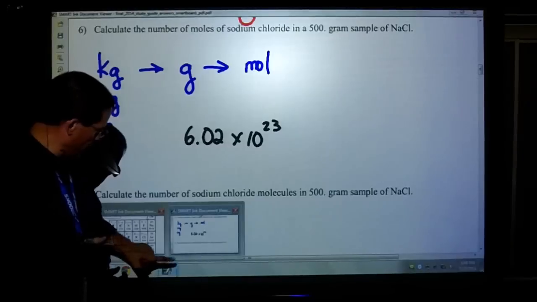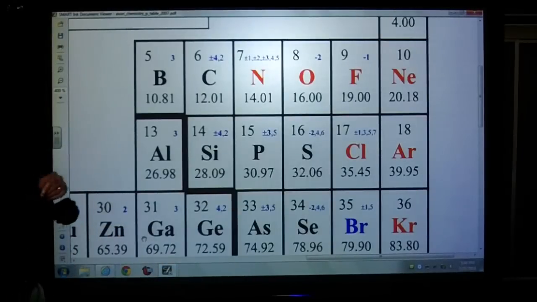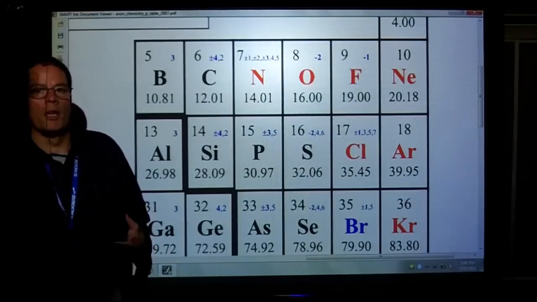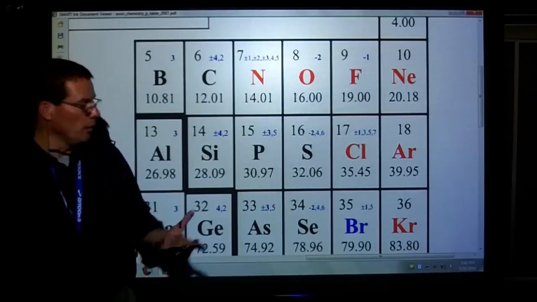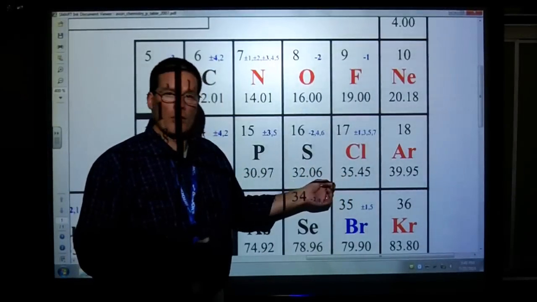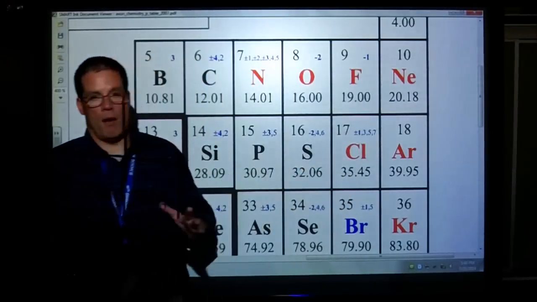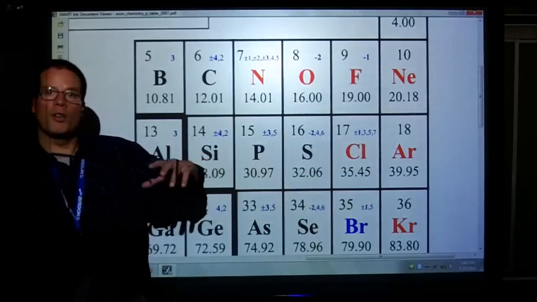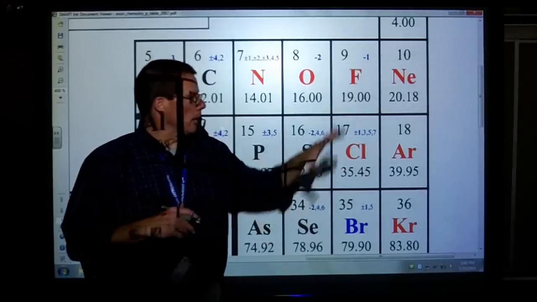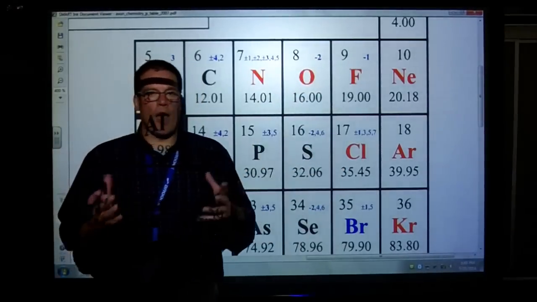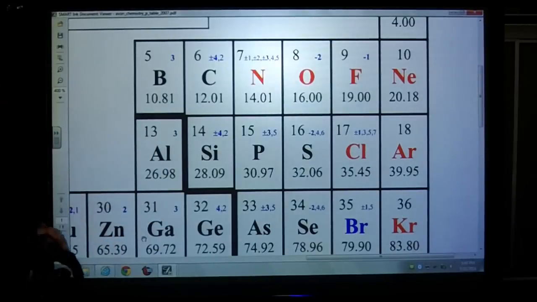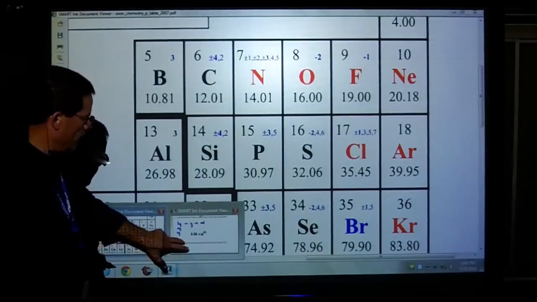So if I want to find out what the mass is for 6.02 times 10 to the 23 atoms of chlorine, I check my mass, 35.45. Now, this is, again, the average of all the isotopes. There are different atoms, and that's what all the decimals represent: atoms that have different numbers of neutrons. That's first semester stuff. You already remember that, so we don't need to review it.